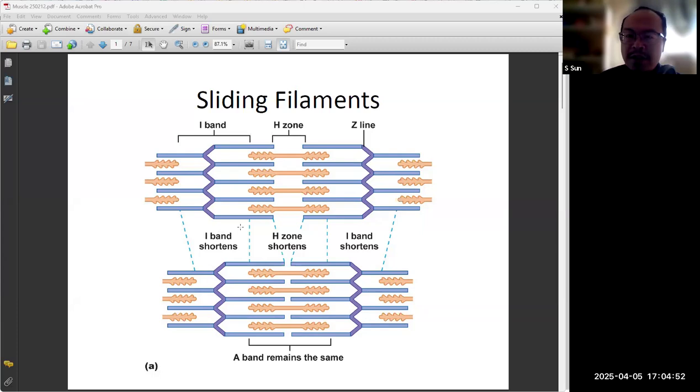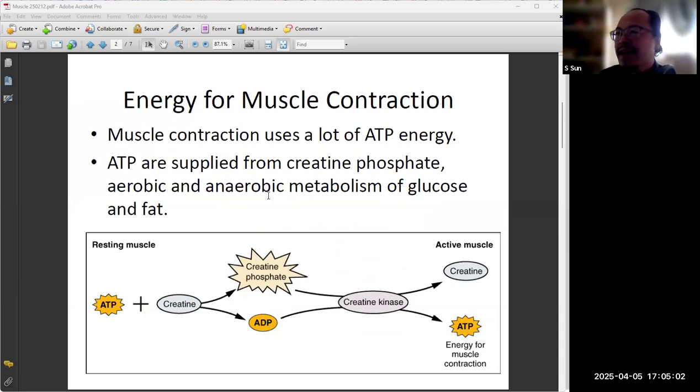So the energy currency in a cell is ATP, adenosine triphosphate. So that's what we need to know. All right. So here is that. ATP is produced from mitochondria, and we know that cell has the mitochondria, and it produces a lot of ATP.